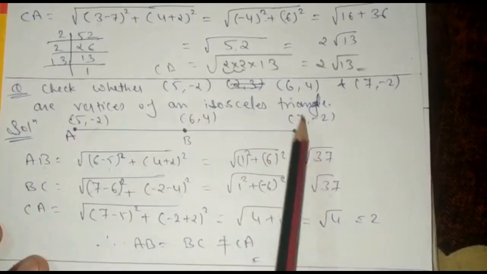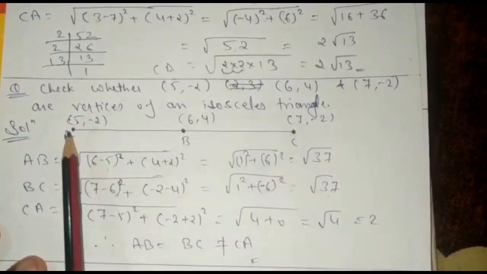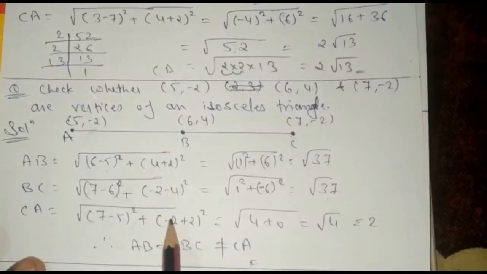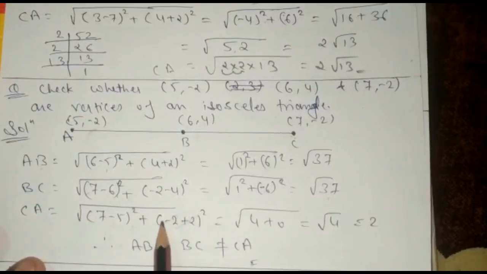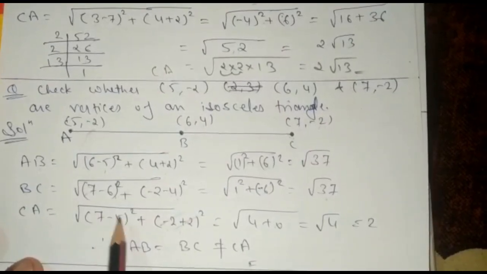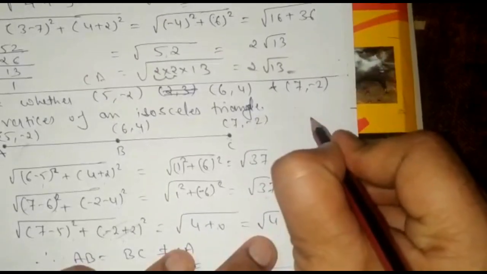And CA will be equal to (7 minus 5) the whole square plus (-2 minus minus 2) the whole square. Minus 2 and plus 2 cancel. It will become 0. 0 square is 0. 7 minus 5 will be 2. 2 square will be equal to 4. So here is an isosceles triangle.